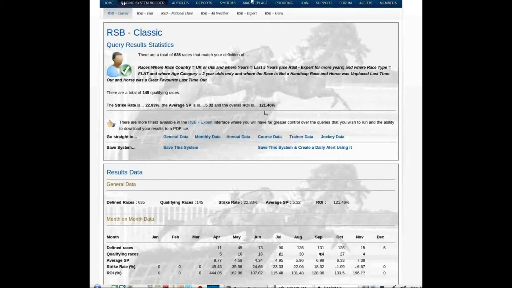I quite like that SP, and the return on investment is 121.46%. That to me is a good system. Certainly something to use as a basis of another system. We're getting 5 races a week out of this during the flat season. I would try adding other filters in and seeing if we can drop that down to perhaps 2 or 3 races a week, but improve the return on investment.